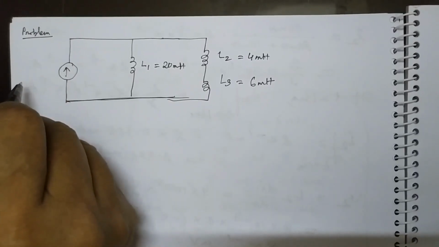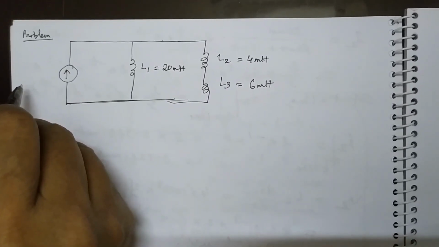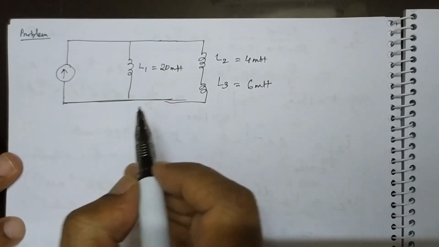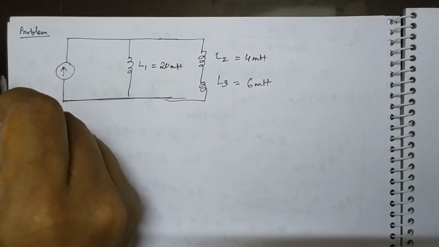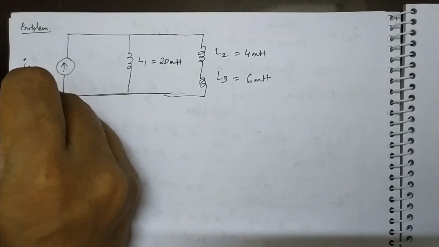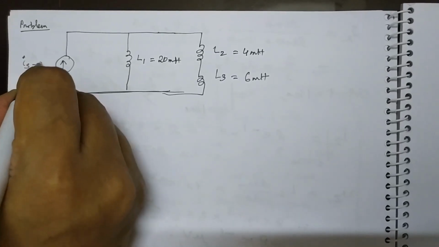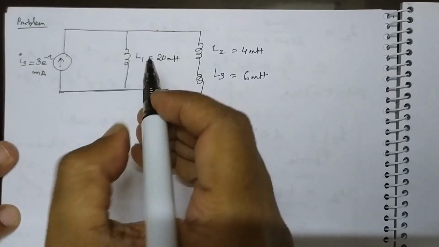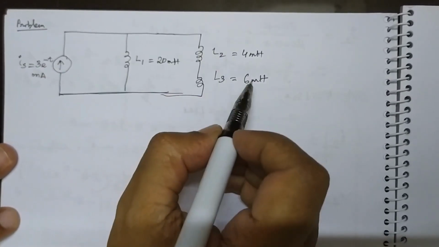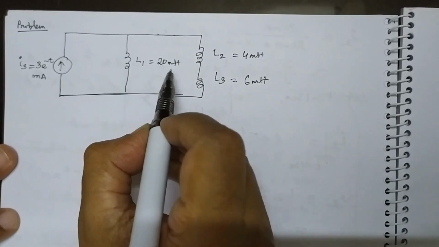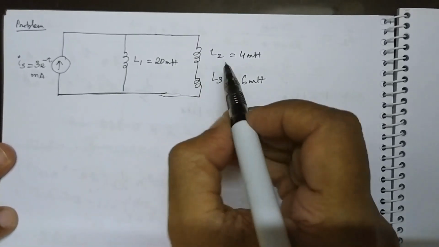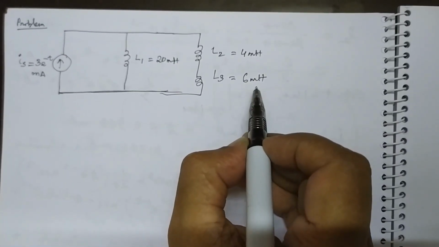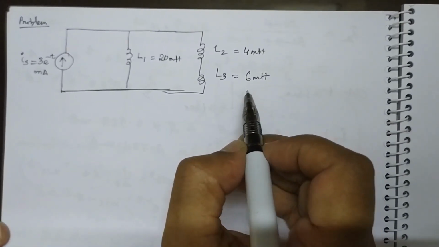Now we will be solving a problem related to inductors. We have in this particular circuit a current source, Is equal to 3 e to the power minus t milliampere, and 3 inductors, L1 equal to 20 millihenry, L2 equal to 4 millihenry, and L3 equal to 6 millihenry.